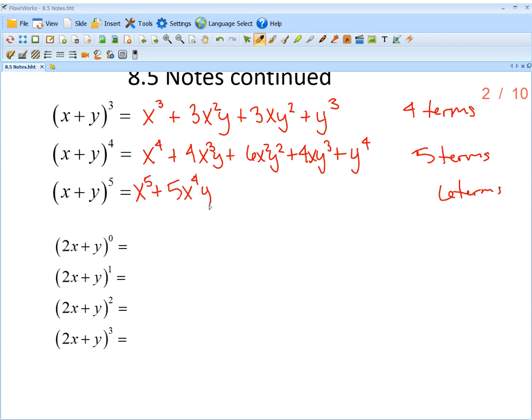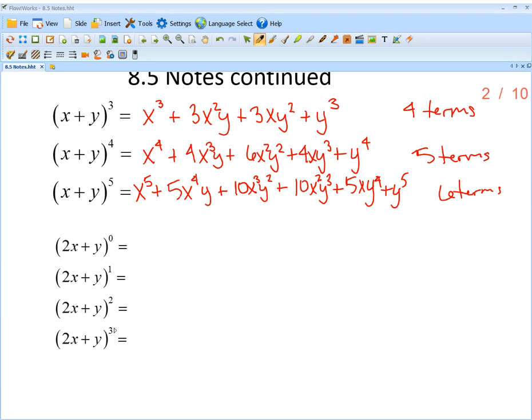But I have to have a y here because the sum of these exponents has to be 5. Plus 10 x cubed y squared plus 10 x squared y cubed plus 5 xy to the 4th plus y to the 5th. Hope you left enough room, because I did.